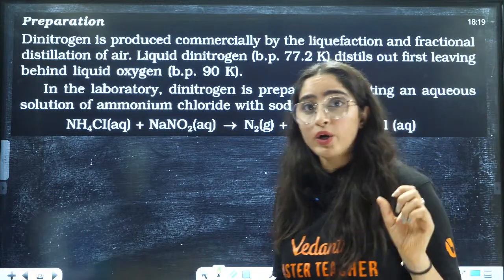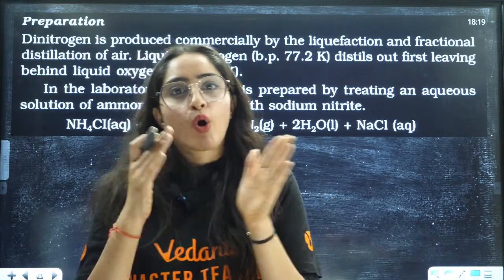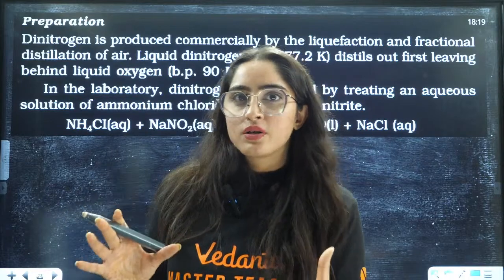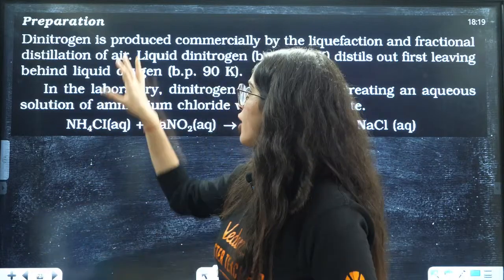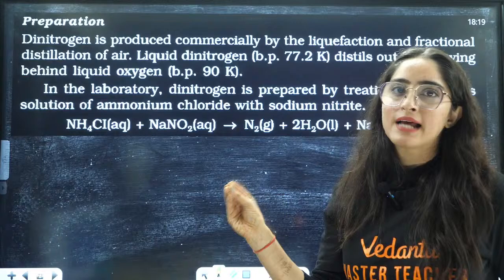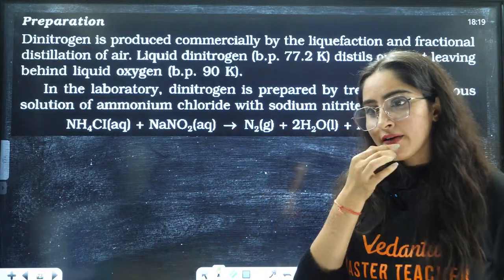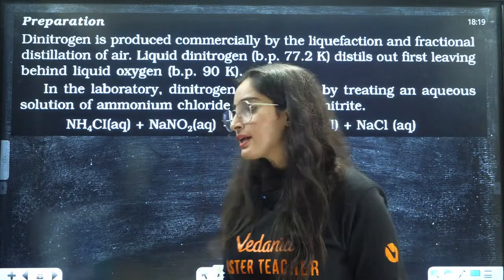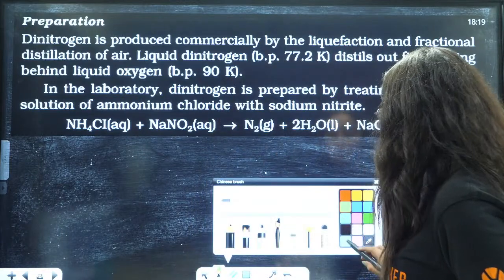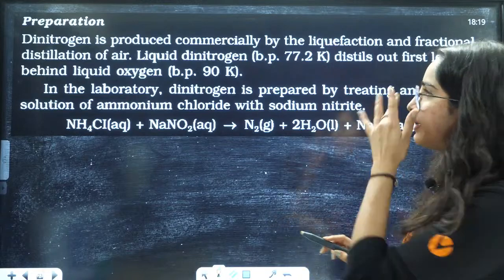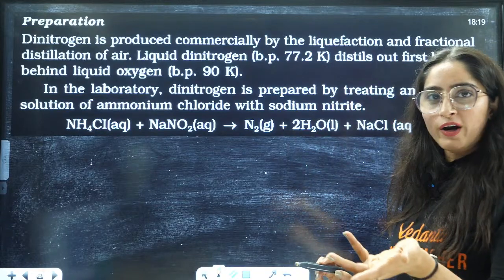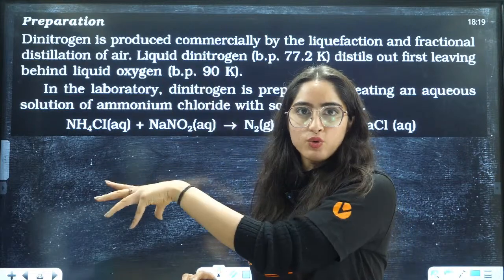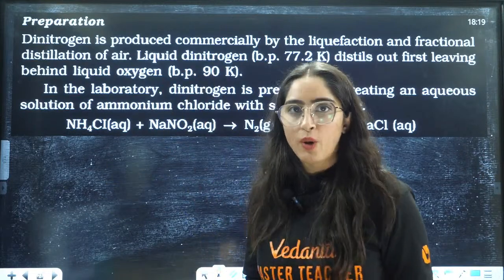Till here, what we have done has a high probability that they will ask you questions from the trends and exceptions. From now onwards, there are few points that you need to keep in mind. Otherwise, all the reactions are not important because they are not specially mentioned. Earlier it used to be important, but now it's not that important. It is obviously important, so don't say that you'll just skip this. What I mean is your priority should be those things. These are in addition that you have to do.